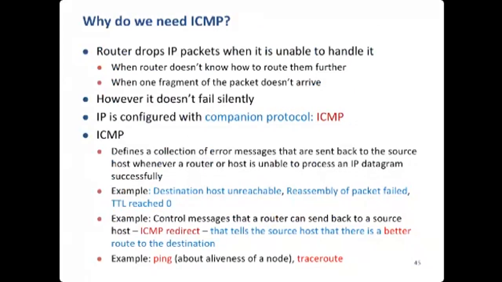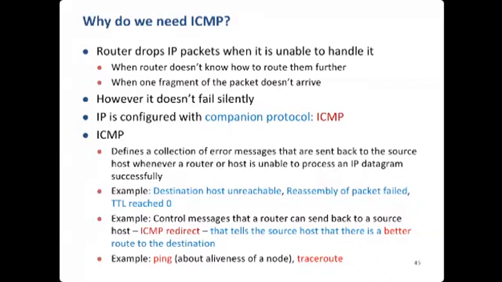Now, why do we need ICMP? When your machine has sent an IP packet and it goes through multiple routers, and some router has a buffer full, then the packet will be dropped. If the packet is dropped, that router will inform your machine that it has dropped the packet. The internet does not guarantee that packets will reach reliably.